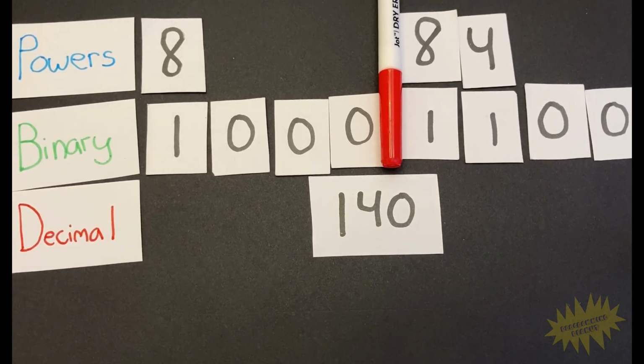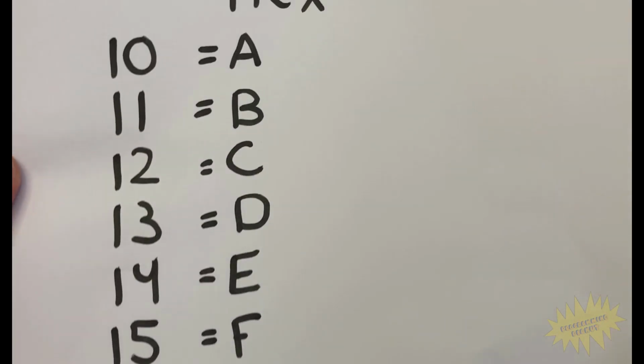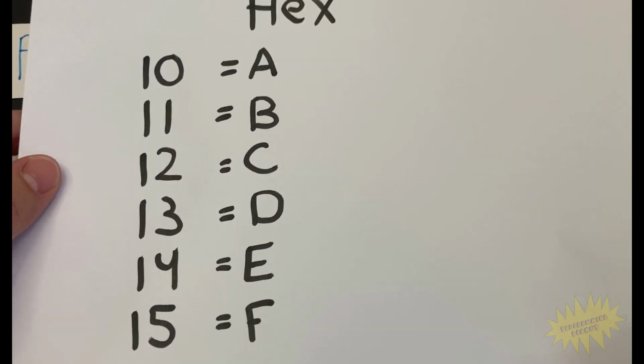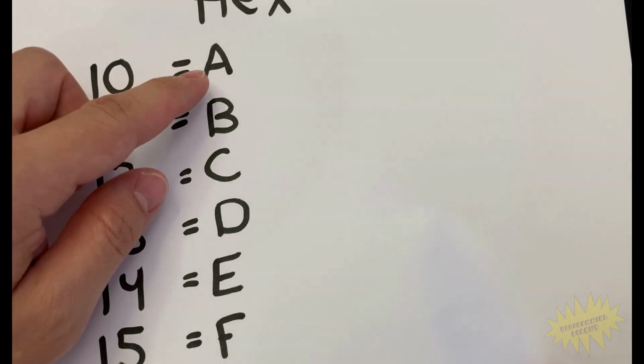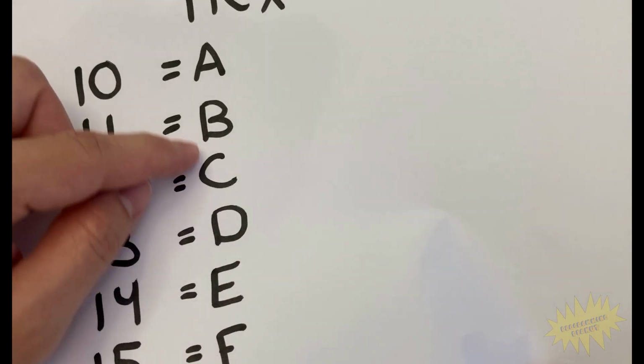Now here's the thing about hexadecimal numbers. The range for hexadecimal numbers is 0 through F, okay? So if the number that you're looking for, okay, is greater than 9, then you're going to have to use one of these letters, okay?